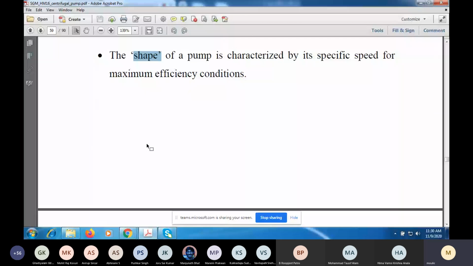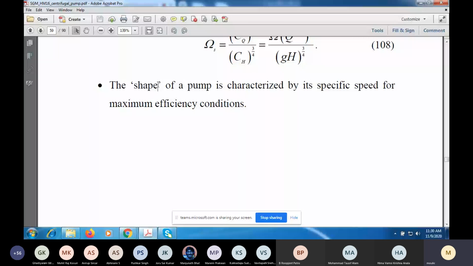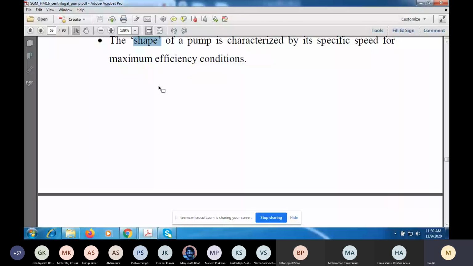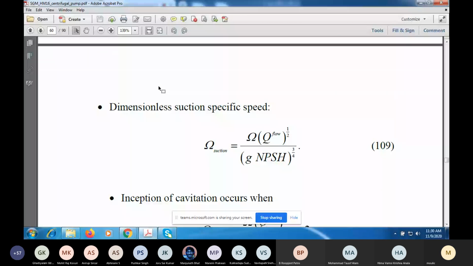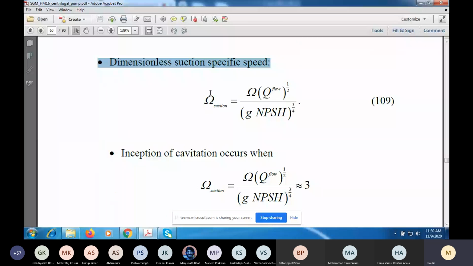So your job as a designer is to find the shape, and today people will use techniques of computational fluid dynamics to do this. And then you may perform experiments using models and dimensional analysis to check out your prediction of the numerical method. Okay. Now, sometimes people define something called a suction specific speed, where instead of h, they put NPSH.